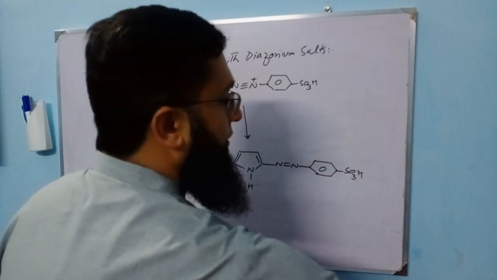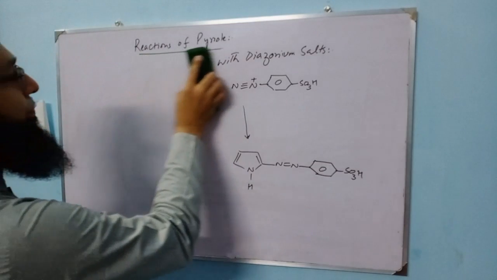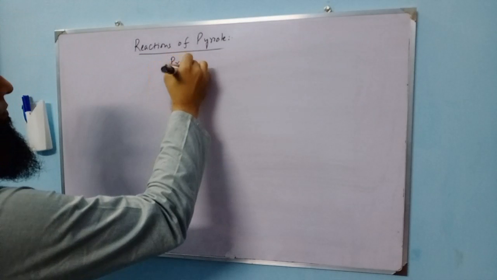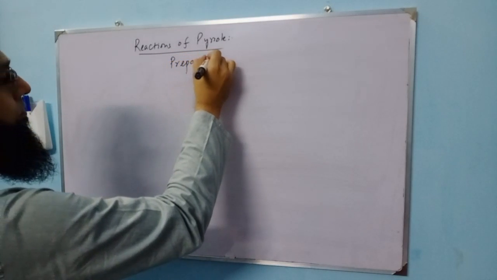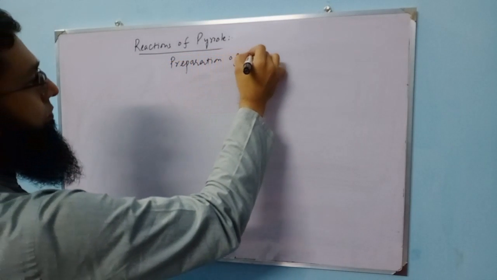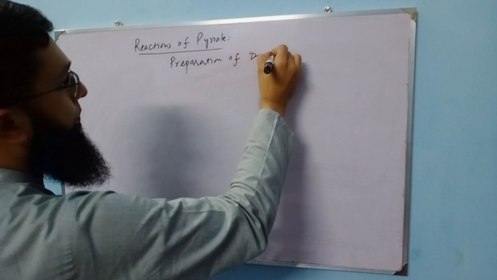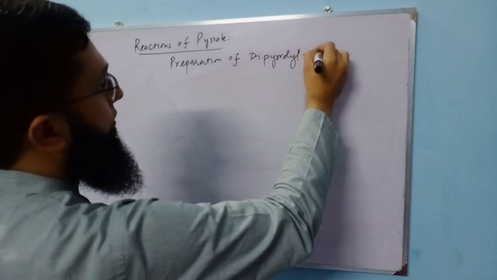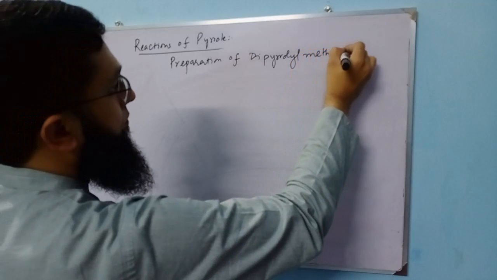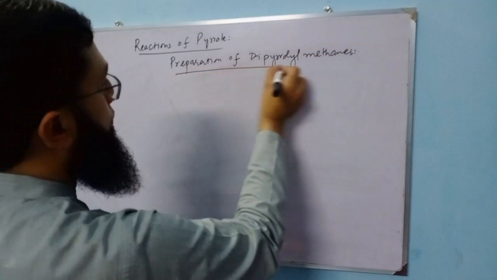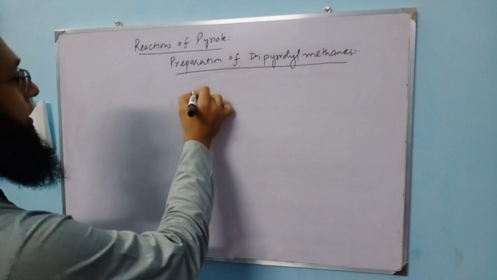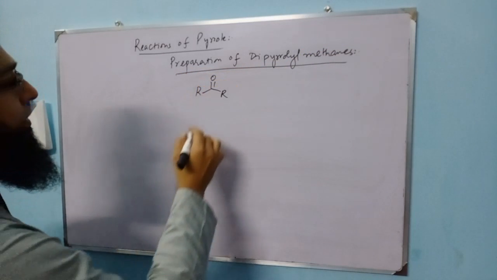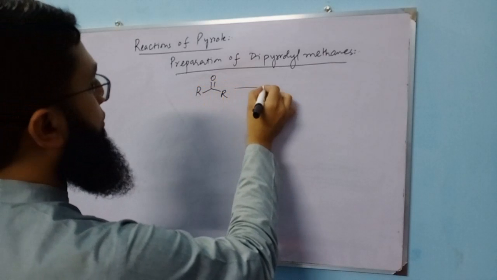So next reaction. Next is preparation of dipyrrolyl methanes. This can be done by the reaction of pyrroles with ketones in the presence of acid.